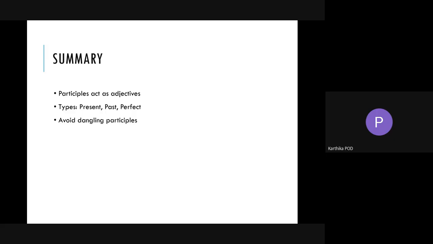And there are three types: present, past, and perfect. And very important, avoid dangling participles. We'll get into the details of dangling modifiers. In that, participle is one aspect, but there are many dangling modifiers. We'll look into that.